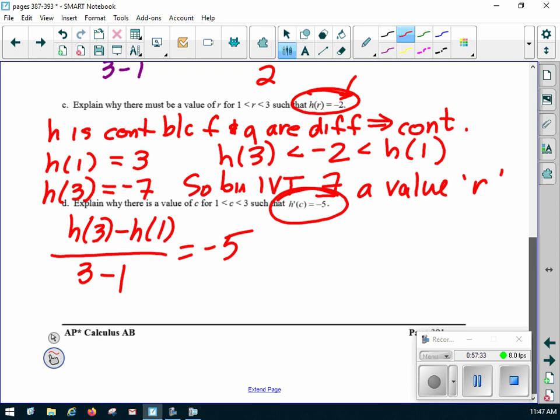So what we've got to do is show that the mean value theorem really does apply. What are the criteria? H is continuous on the closed interval, and differentiable on the open interval.